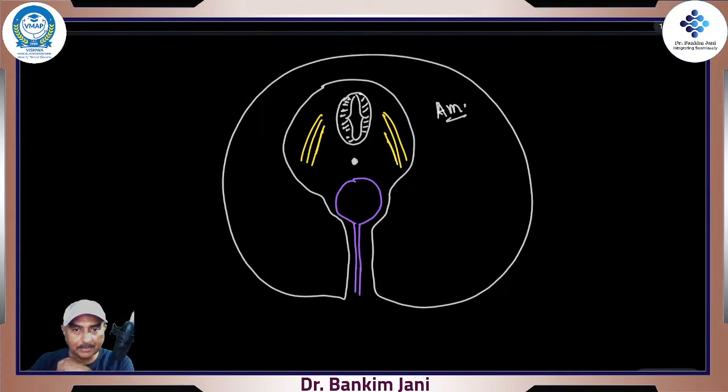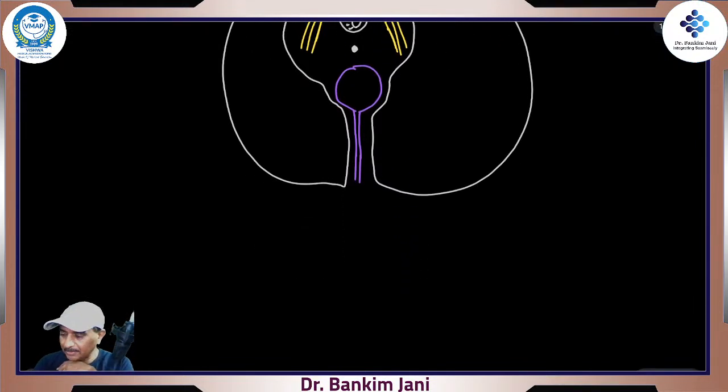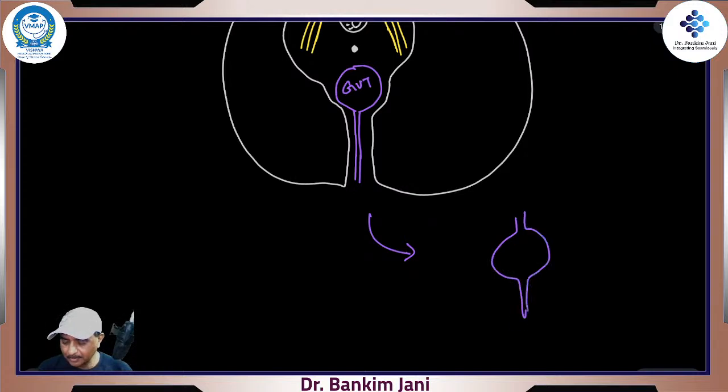Now we have got two important structures which are to be taken into consideration. This gut, as things keep on moving, will start moving up. So I just wanted to add the concept of dorsal mesentery and ventral mesentery. This gut tube moves and it forms the mesentery, like this.